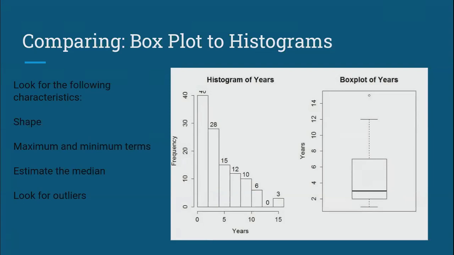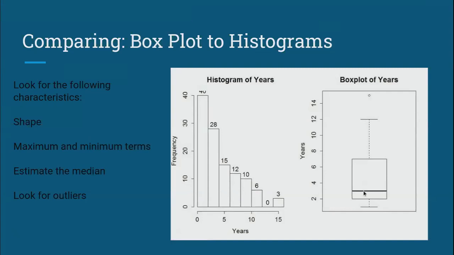So here we have 40. That means in this second bar we only need 10 to be at our 50%. So it would be between 2 and 4. So that's how we got 3.